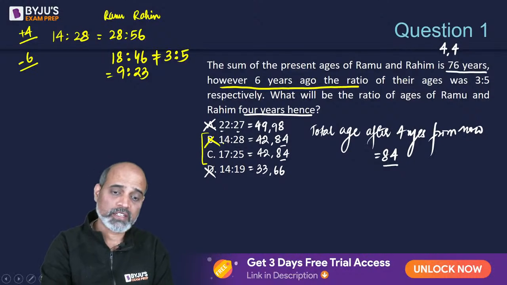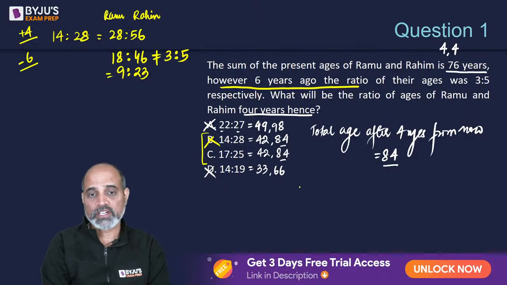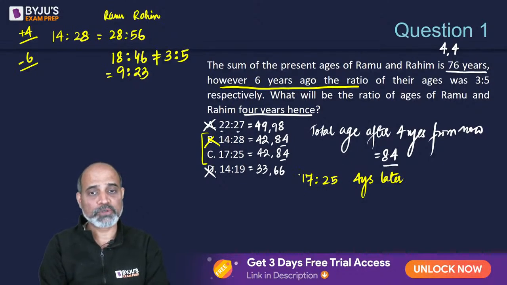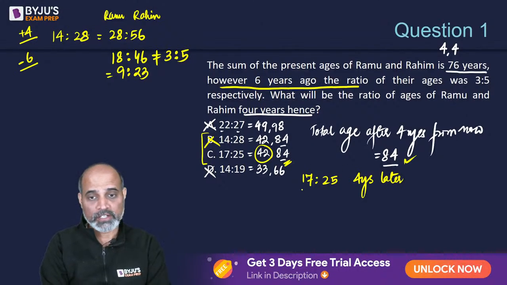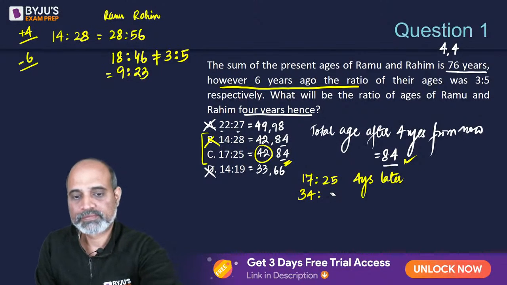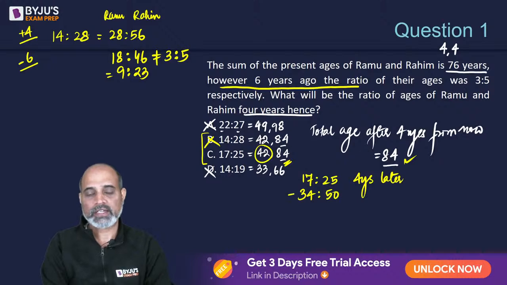Let's check for C in case you are doubtful. So I'm saying that 4 years later, their ages are going to be 17 and 25, which will add up to give us 42, but we have to double it so that we get 84, right? So it becomes 34 and 50, right?